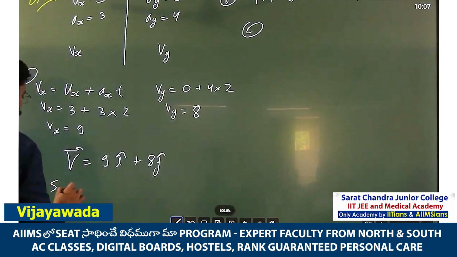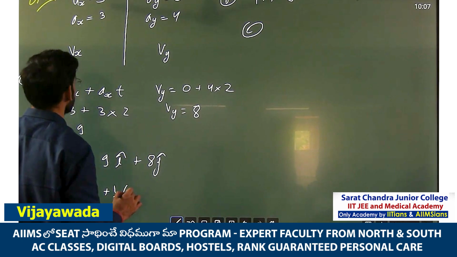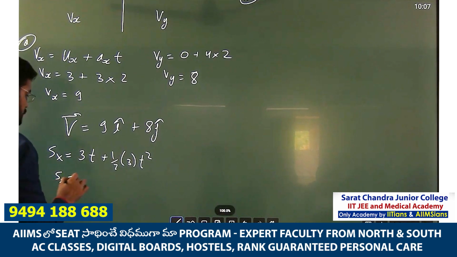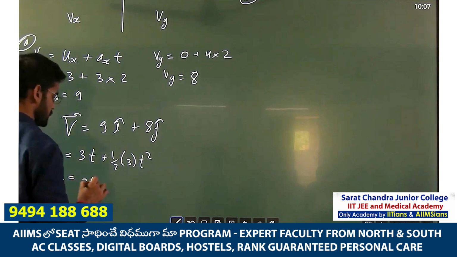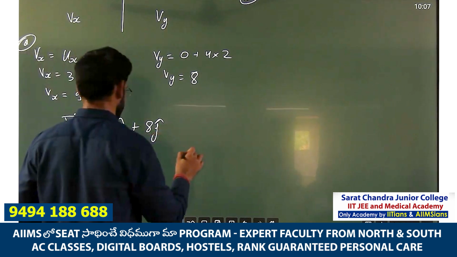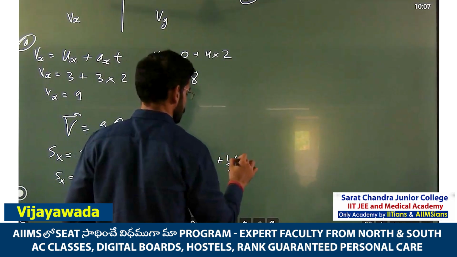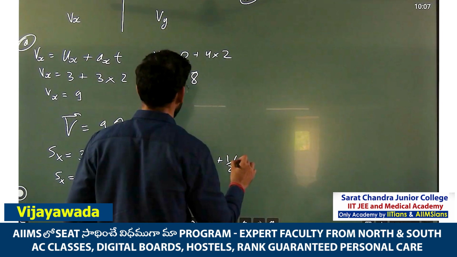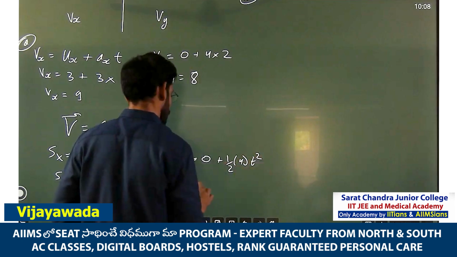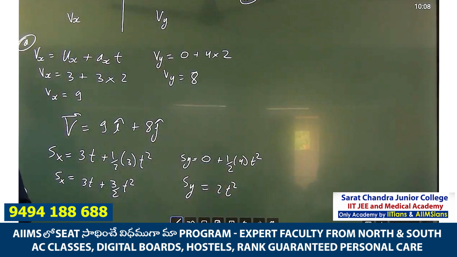Sx value is ut, 3t, plus half acceleration 3 into t square, so 3t plus 3 by 2 t square. Sy value is ut 0 plus half acceleration 4 into t square, so Sy is 2t square.